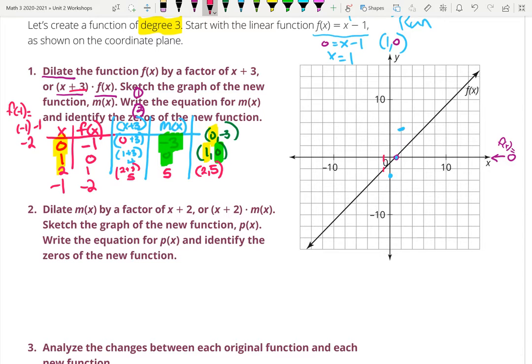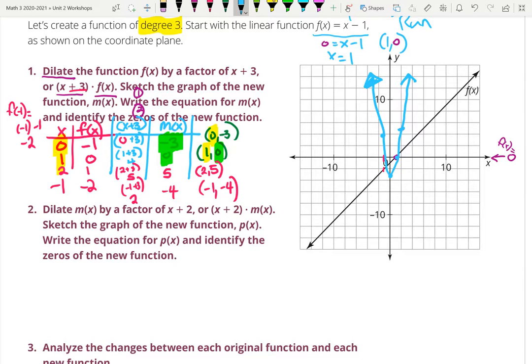So I'm going to go ahead and multiply it by -1 plus 3, which is just 2. -2 times 2 is -4. So the new point, instead of (-1, -2), it's going to be (-1, -4). I'm going to go ahead and graph this guy. And you can see that this is starting to form a quadratic.